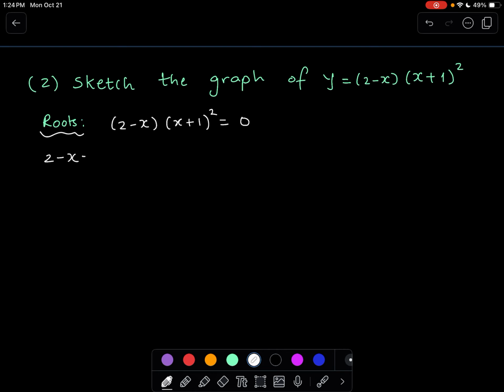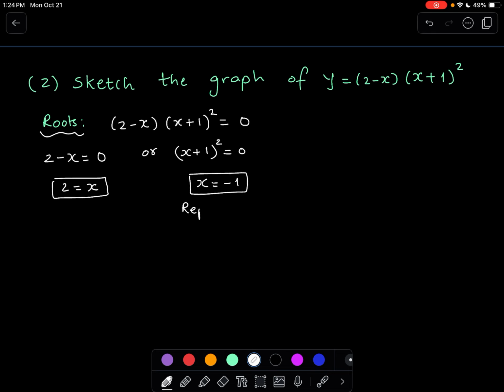That means 2 minus x is 0, or 2 is equal to x, or x plus 1 bracket squared equal to 0. That gives me x equal to minus 1, and this is a repeated root. So your graph should touch the axis at the repeated root.